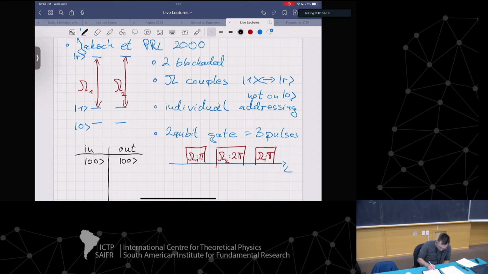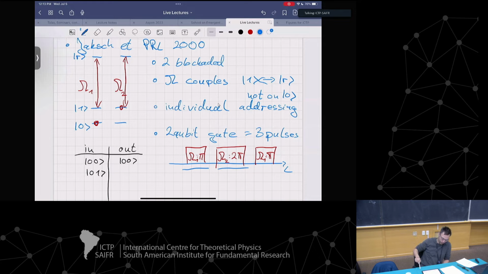But now, these other states are different. Imagine I'm in 0, 1. So this guy and this guy. The first pi pulse is not going to do anything. I'm off resonant. The second 2 pi pulse is actually going to take this atom on a little round trip.